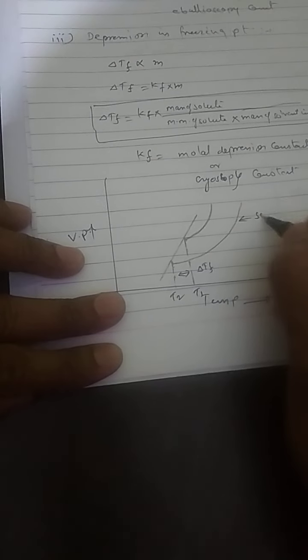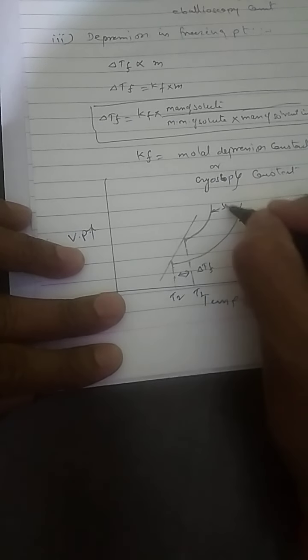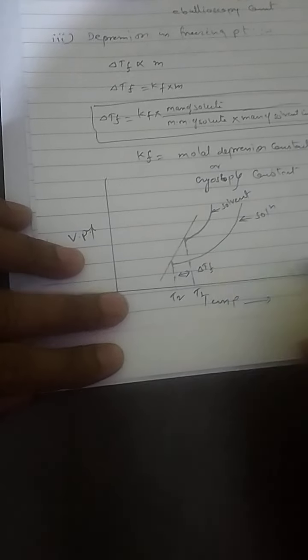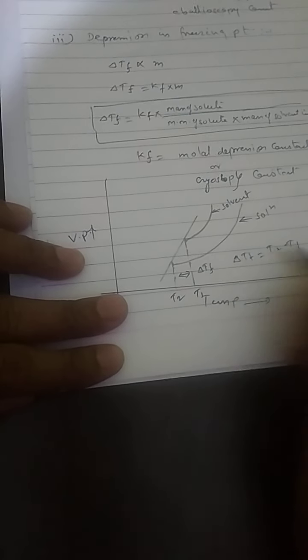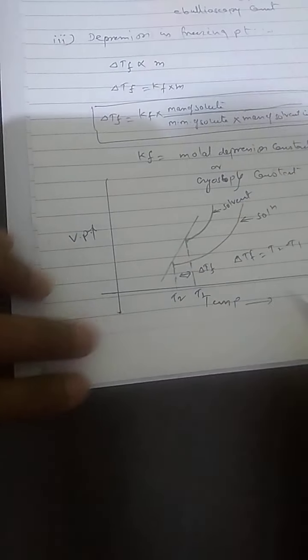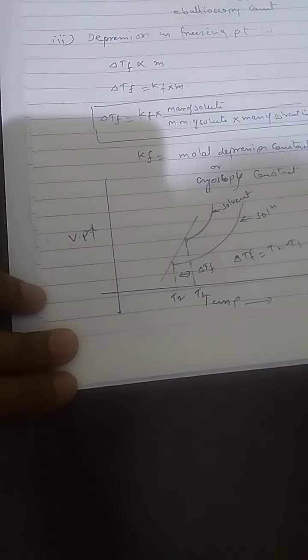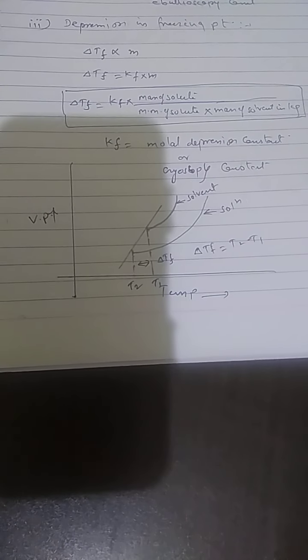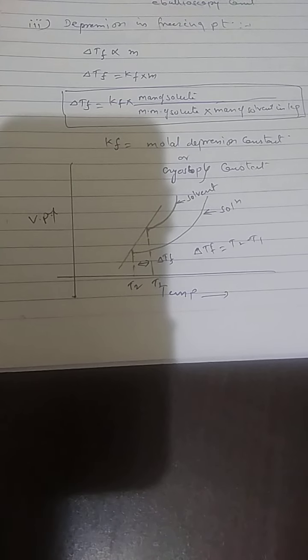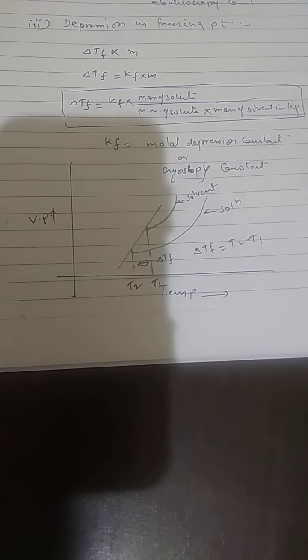This is the solution and this is the solvent. So delta TF is equal to T2 minus T1. With the help of this we will find the freezing point. Again, as the graph shows, if a solute is added to a solvent, its freezing point also decreases as compared to the solvent.